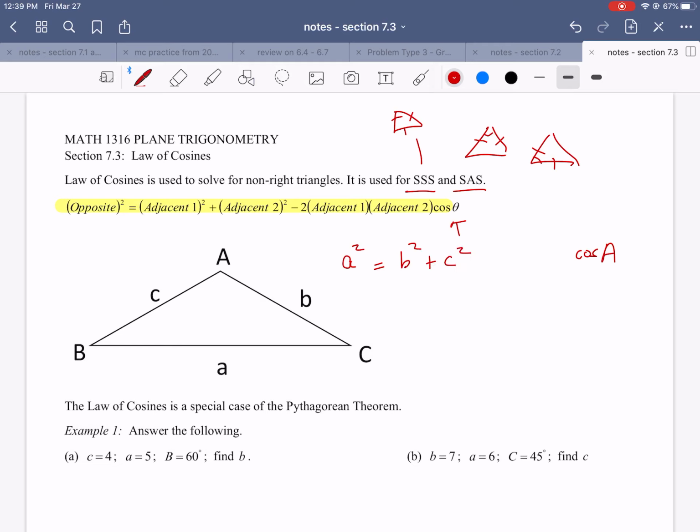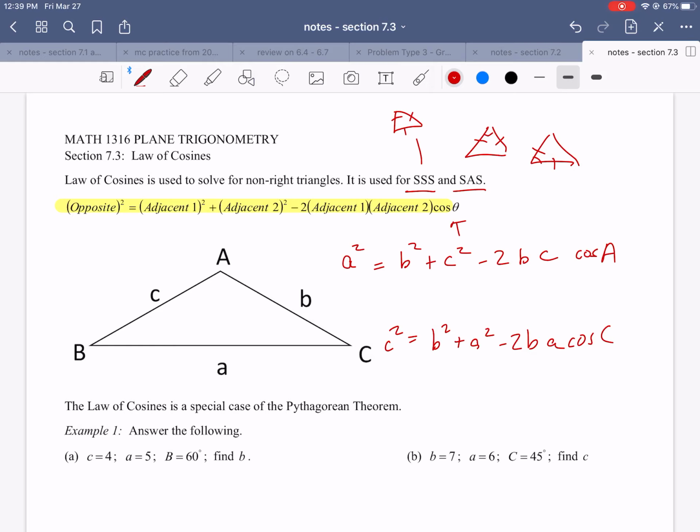So I'll have b squared plus c squared minus 2 times b times c times the cosine of A. Or let's say that I had cosine of capital C, then on the left-hand side of the equation, I would have to have c squared, and that would have to equal b squared plus a squared minus 2 times b times a. Those are just some examples of what the formula may look like.